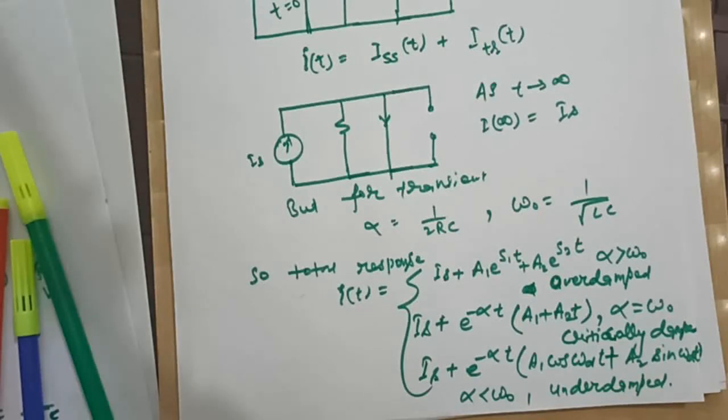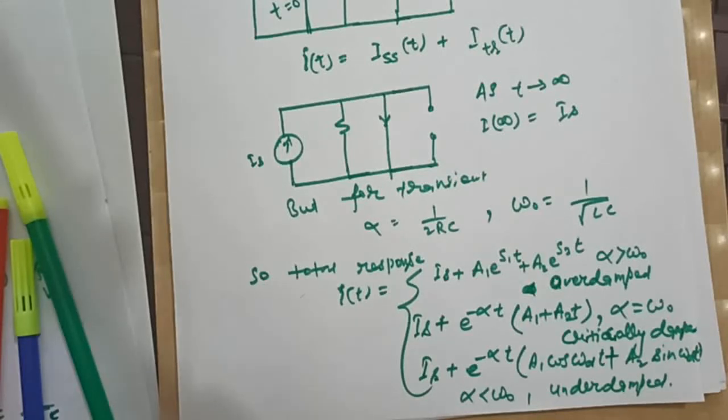So this was the response of a second order parallel and series RLC circuit in different conditions like underdamped, critically damped or overdamped, and what the circuit parameters will be for those situations to occur. We saw what the conditions should be for a circuit to be underdamped, overdamped or critically damped.